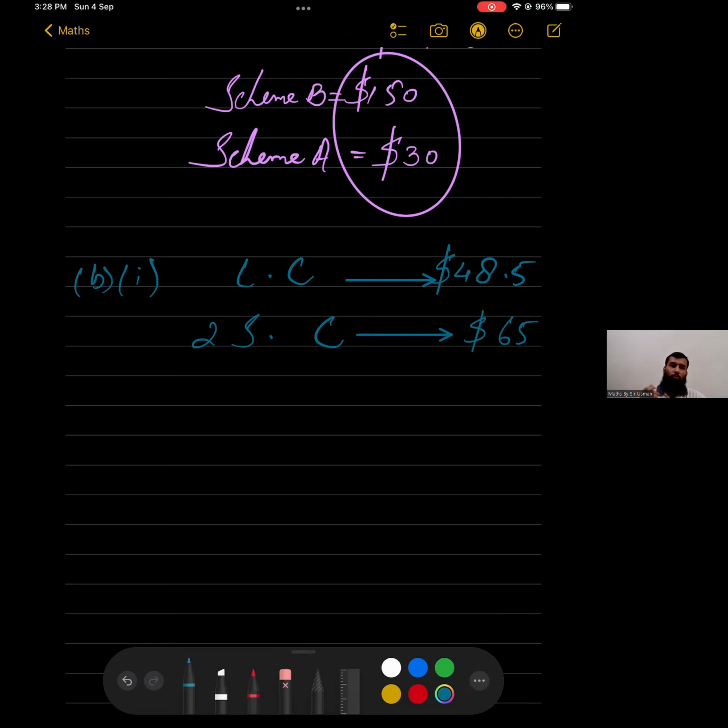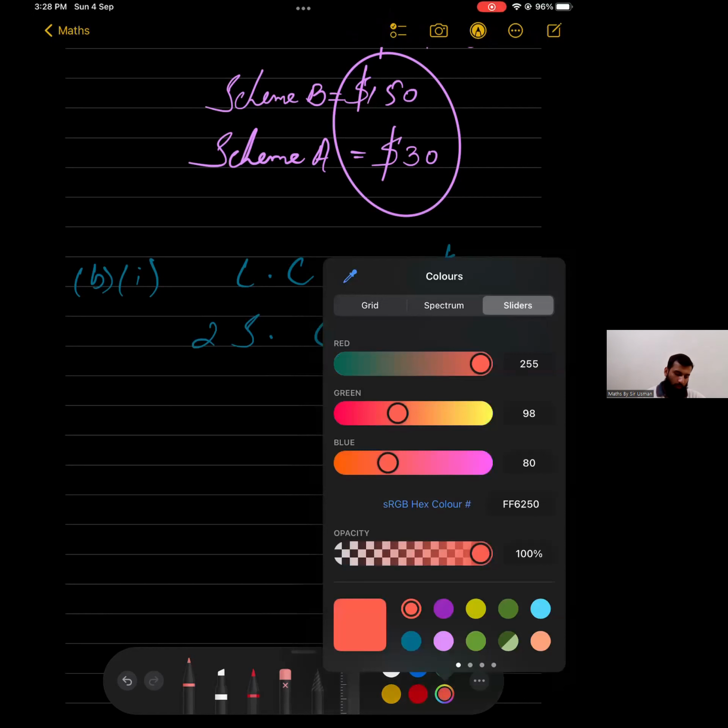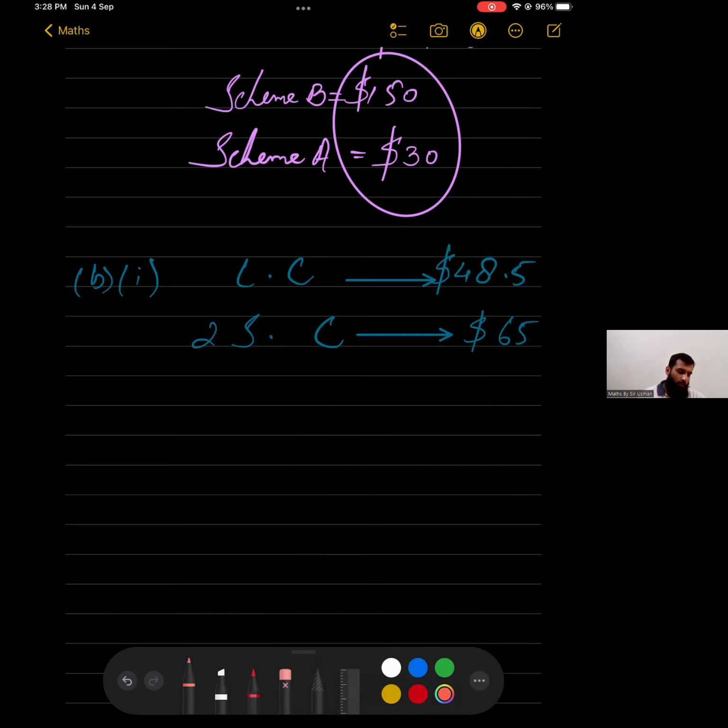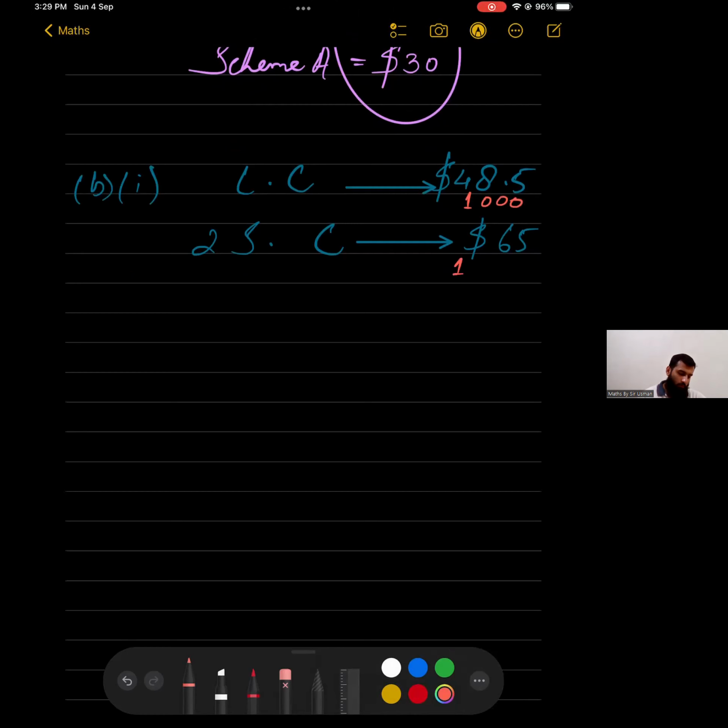Now there's one more point to be noted, and that is that the large cartridge would print 1000 pages and 2 small cartridges would print 1300 pages. They told us that one small cartridge can print 650 pages.